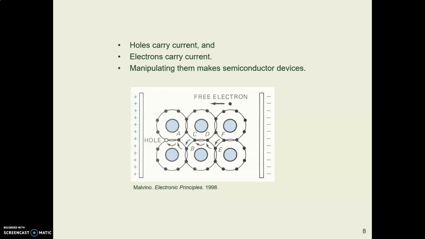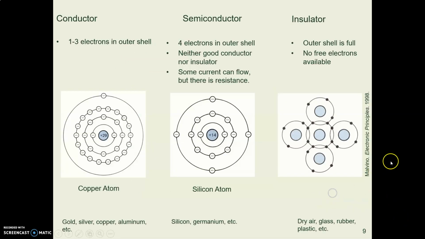So manipulating these two kinds of phenomena, holes that are positive, where electrons should be, and extra electrons that are negative, manipulating those two lets us make semiconductor devices that produce current. And you might remember, I think we talked briefly about conductors that conduct electricity and insulators that cannot conduct electricity.